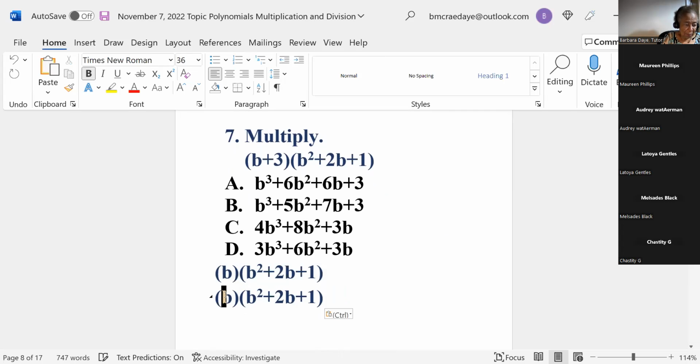So multiply the b, and then multiply the 3. So what is this equal to? And then what is this equal to? And then put them together. So I want everybody to do that. Remember, multiplication of exponents, you add the exponents.